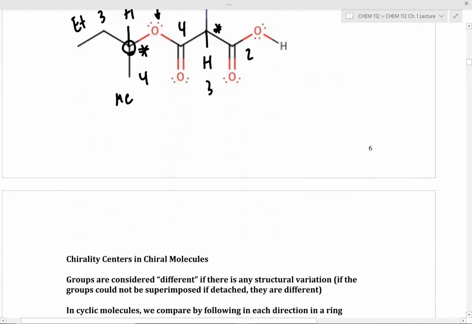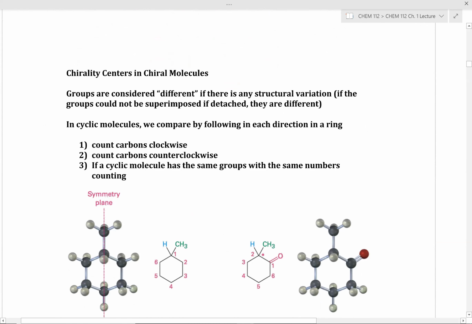So when we think about chirality centers or chiral centers in chiral molecules, groups are considered different if there is any structural variation. So if the groups could not be superimposed. So for example, let's take a look at some cyclic molecules.